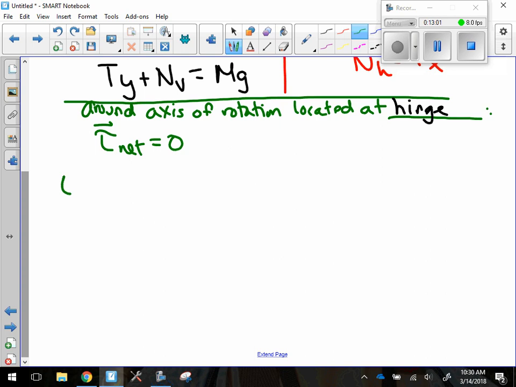So we got to look at everything that could have a torque, right? So I could have a torque from the vertical component and the horizontal component of the hinges. What else could I have a torque from? Tension. I think it's better if you actually just go from one end to the other.